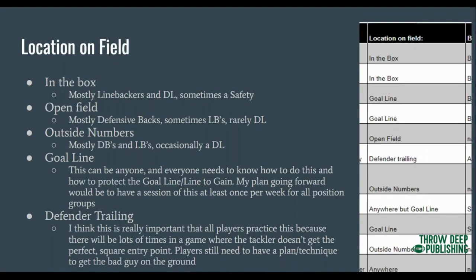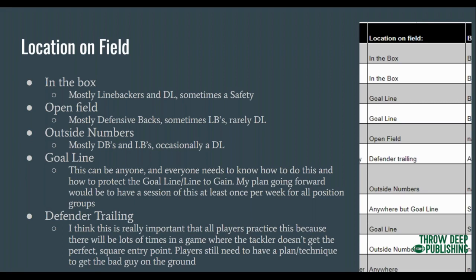Location on the field, again, to keep it simple, these are where more of the position groups we noticed start to show up. In the box, off of our tackle study, we found that's mostly linebackers and defensive linemen. Occasionally it's a safety. In the open field, mostly defensive backs.